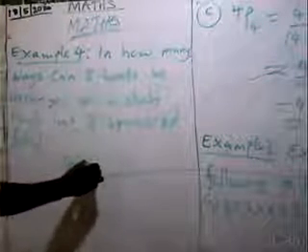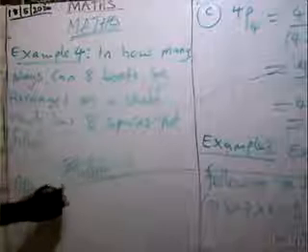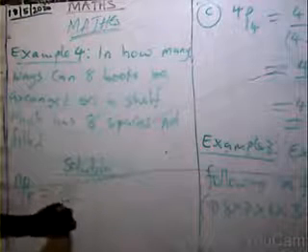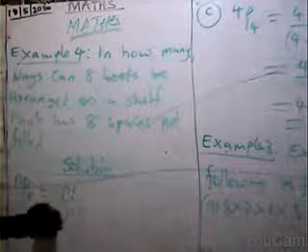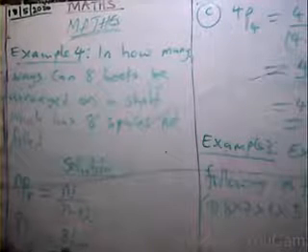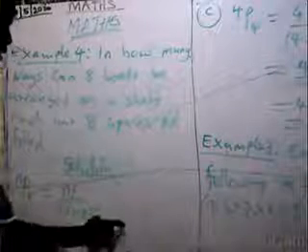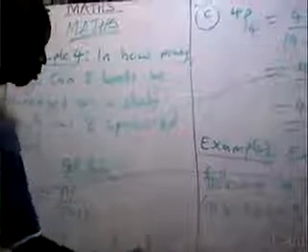So, solution to this. Of course, we have n permutation r is equal to n factorial all over n minus r factorial. So 8 permutation 8 is going to be 8 factorial all over 8 minus 8 factorial. And that is 8 factorial all over 0 factorial. 0 factorial, of course, is 1. And that is 8 factorial all over 1.